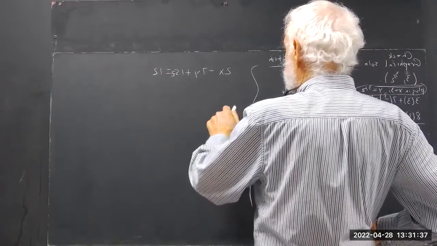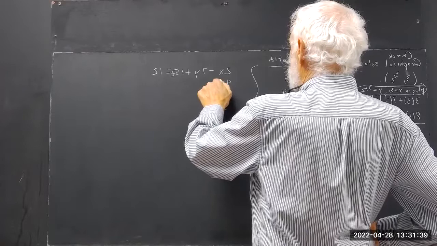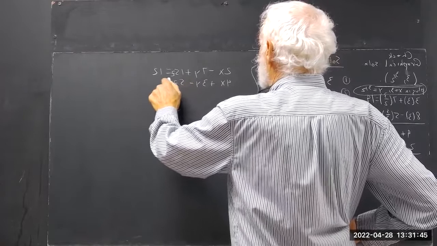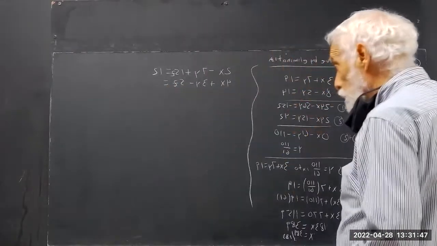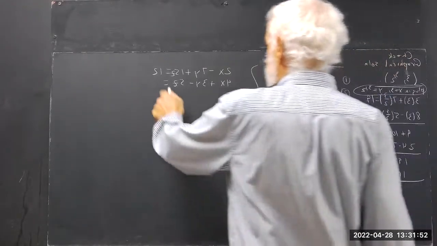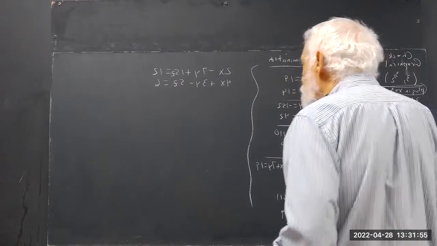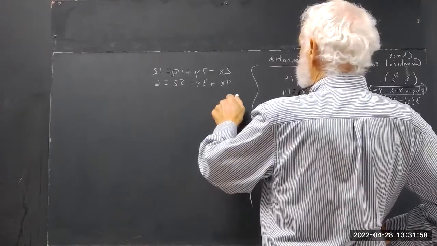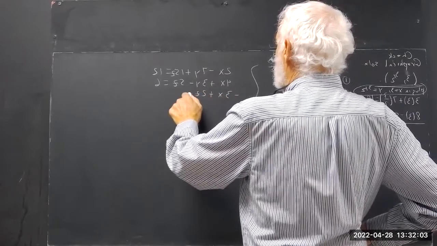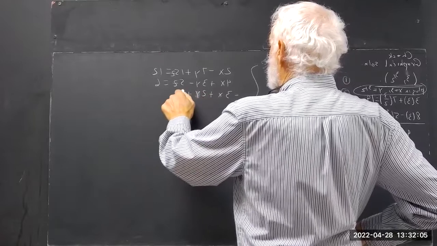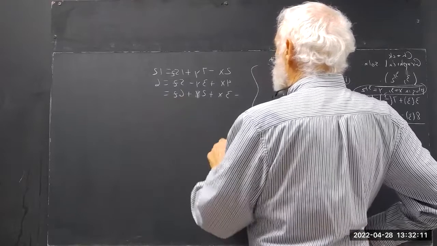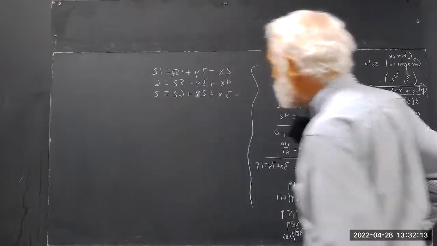And 4x plus 3y minus 5z equals 6. And this.